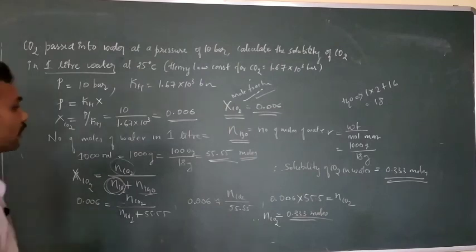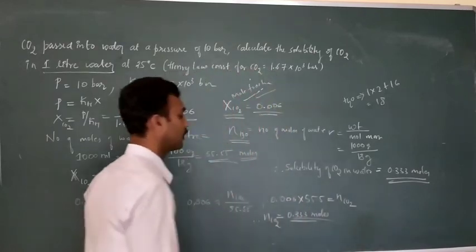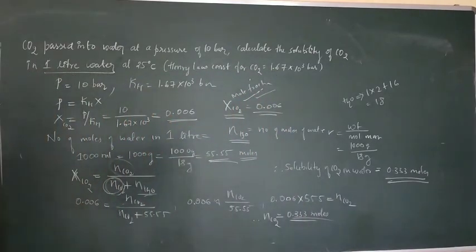Hence finally we are getting 0.33 moles, that is the number of moles of carbon dioxide dissolved in the water at 10 bar pressure, okay.